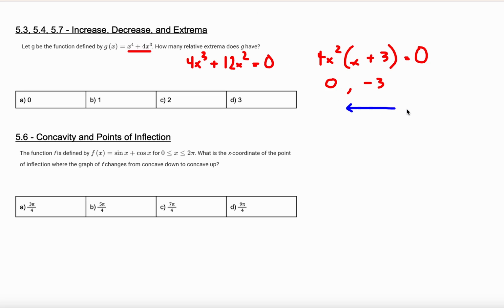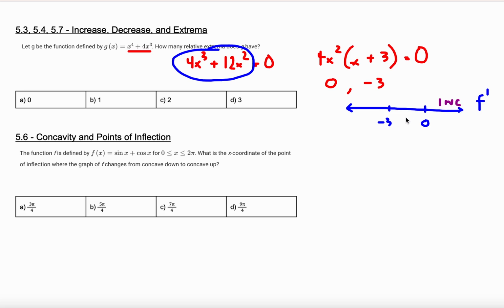The only way to actually figure out if the critical values are extrema is to use a number line. So I'm going to put -3 here and 0 here. I'm going to plug these values into the f prime function, which is going to be right there. So let's start with a number way over here. Number way over here would be 1. That's a positive and a positive. This is increase.